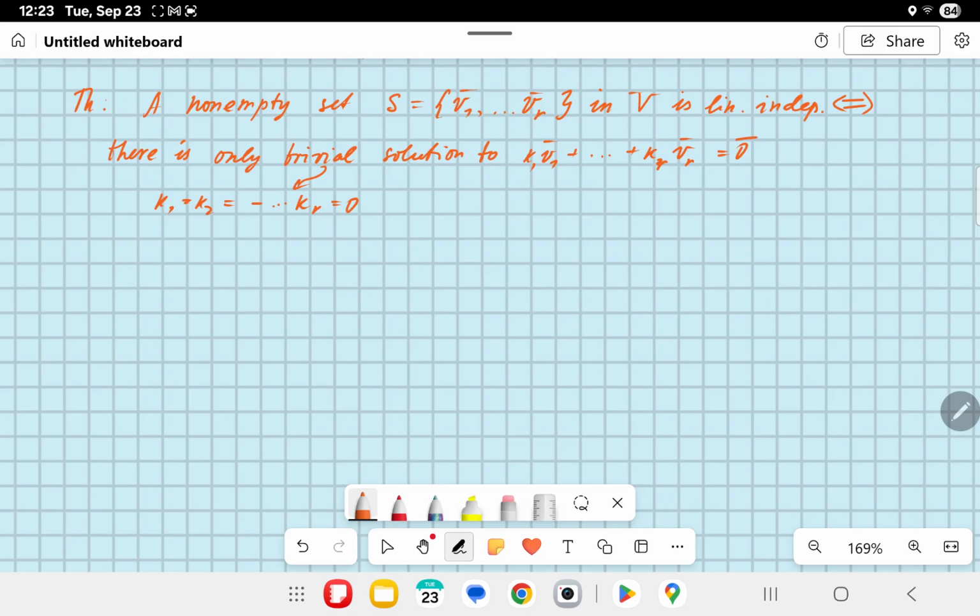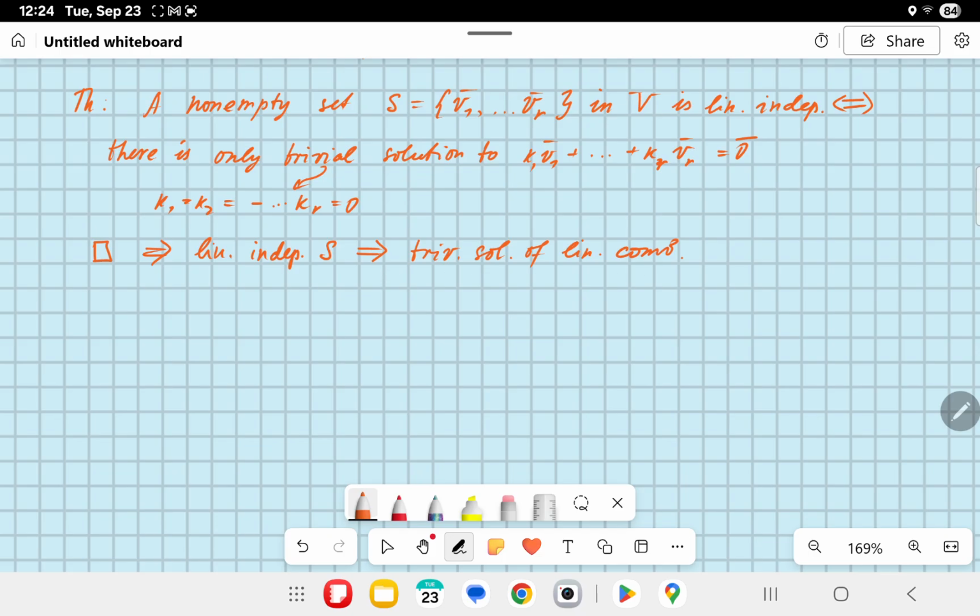Sometimes linear independence is defined actually through the trivial solution for the linear combination. But again, it can be either way. I'm going to prove it. So, not a very complicated proof. We have a non-empty set S, linearly independent, and I'm going to prove this direction: S linearly independent is followed by the trivial solution of the linear combination.